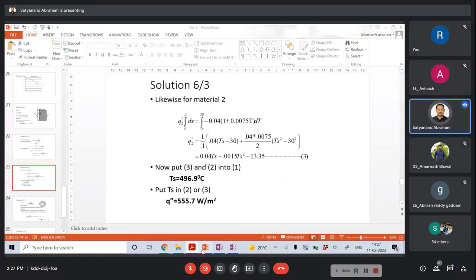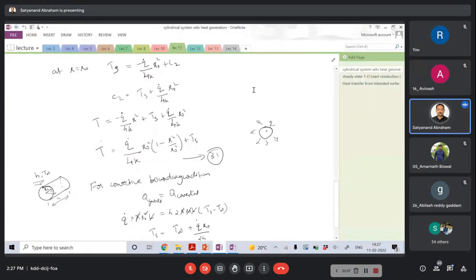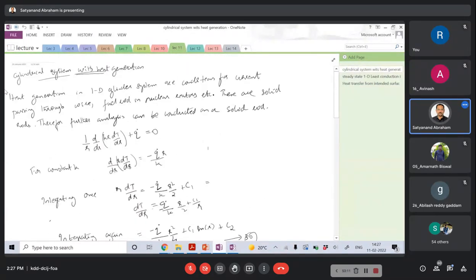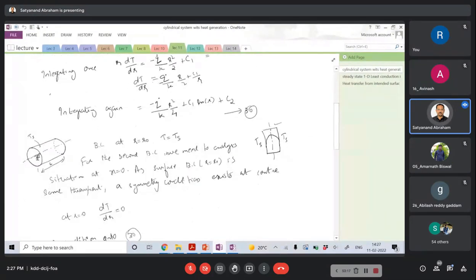Okay, this is a cylindrical system with heat generation. But if you remember the cylindrical system with heat generation we conducted, we actually said it is for the solid cylinder, and for that we said that at the center we are giving the boundary condition as symmetry boundary condition.